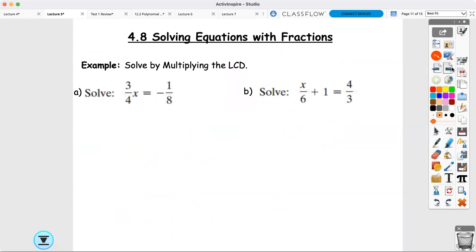Go ahead and I'll give you a few moments to set up the first one. So 4.8 is solving equations with fractions. Example: solve by multiplying the LCD. Solve 3/4 x equals -1/8.